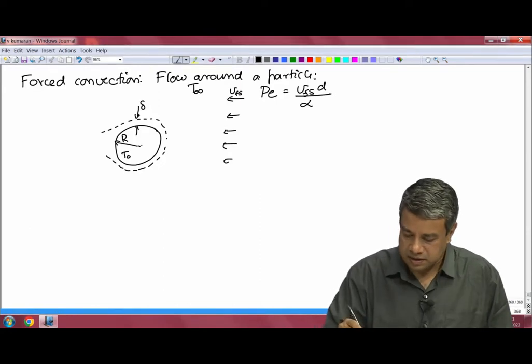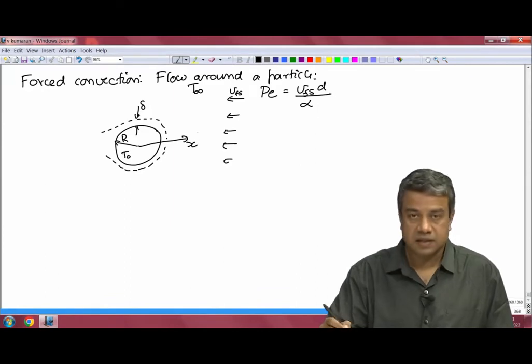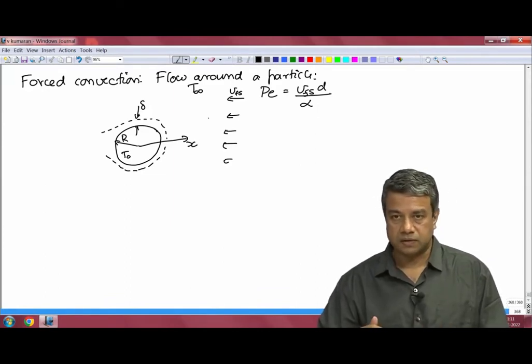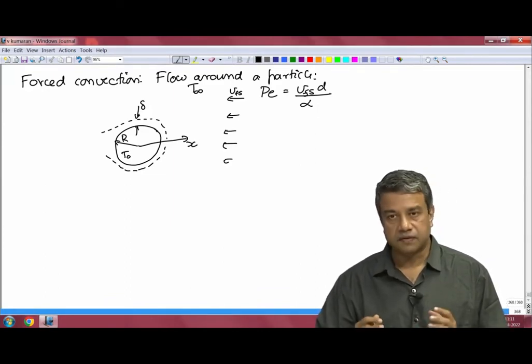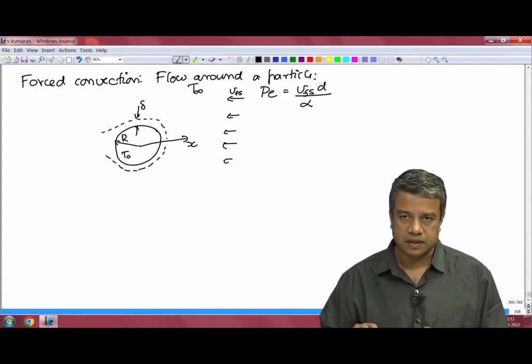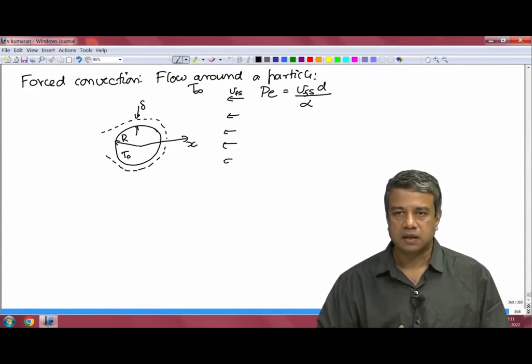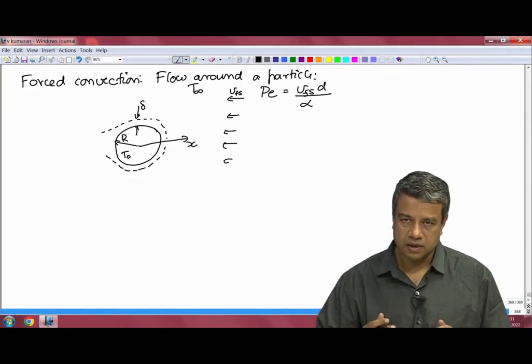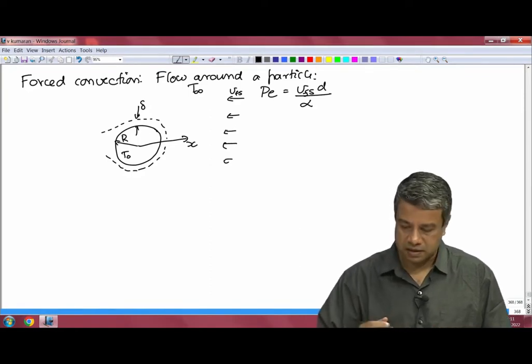We had analyzed this in a coordinate system in which x was the axis opposite to the free stream velocity. If this were a particle moving in a fluid, then x would be the direction of the particle velocity. In this case, we are sitting on the particle in a reference frame moving with the particle, and the flow is going past in the negative x direction.